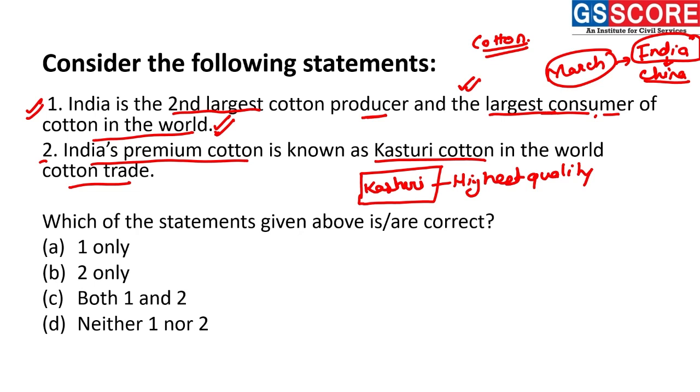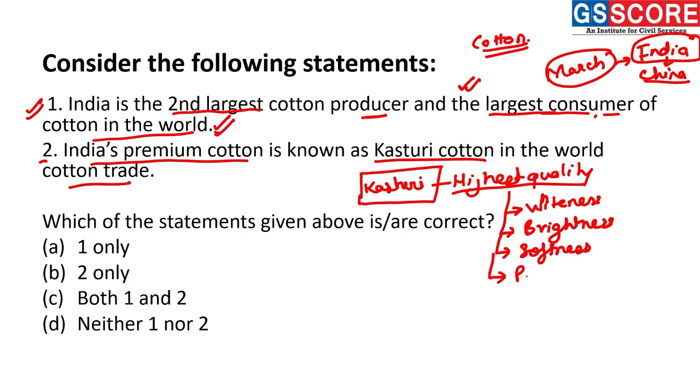This highest quality cotton has various characteristics: its whiteness, its brightness, its softness is very high, its purity is very high, it lacks other elements or components.